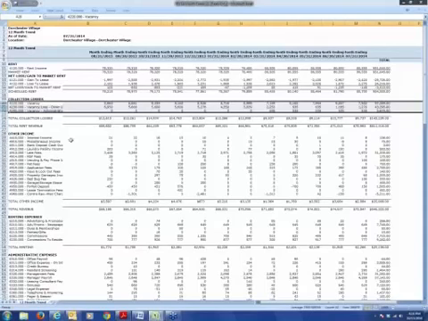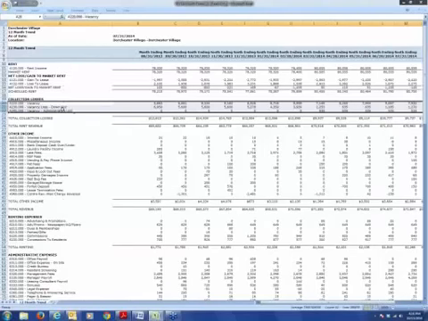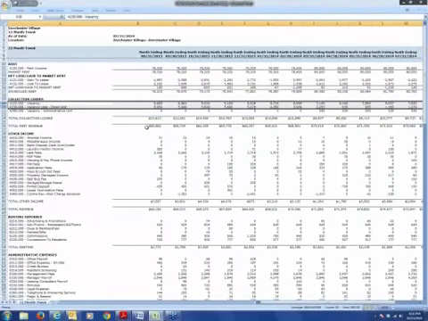Here are the vacancies. Vacancy loss for down units, and vacancy loss for administrative units. Now, you might wonder why you have two different categories, one for vacancy and one for vacancy loss for down units. Well, think about it this way. If you can't rent the unit, is it truly vacant?